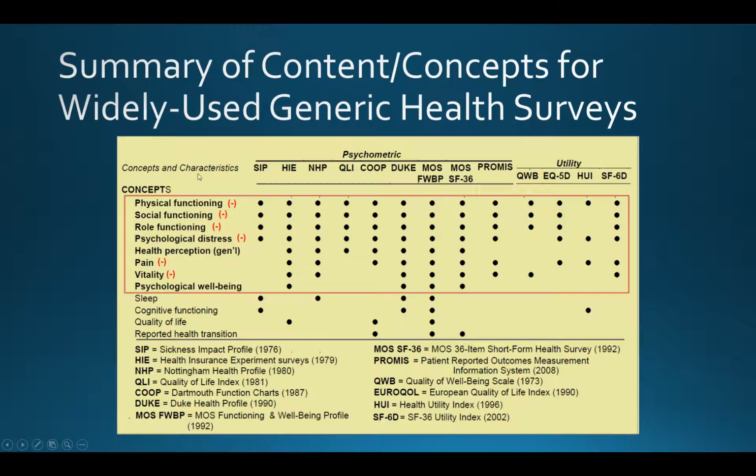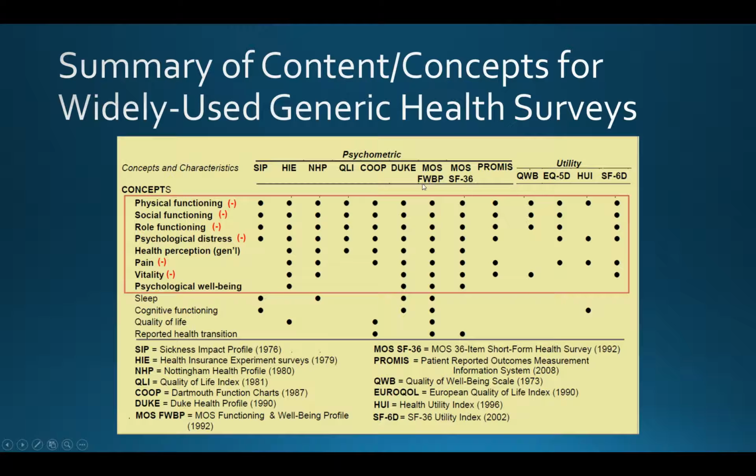So you can see here across the top of this table, these are the different questionnaires that have been used, and down at the bottom here you can see what these abbreviations stand for. We are going to be focusing on this SF36, the short form 36. And so basically here you can see concepts, and these are the concepts that are important for health-related quality of life. And here you can see this SF36 covers and assesses all of those different concepts.